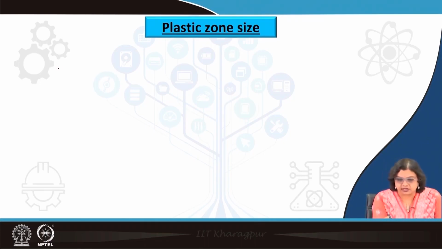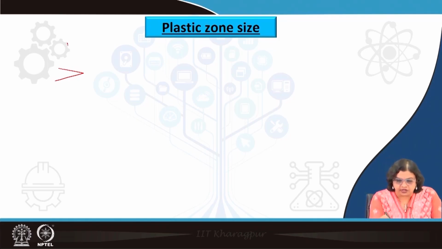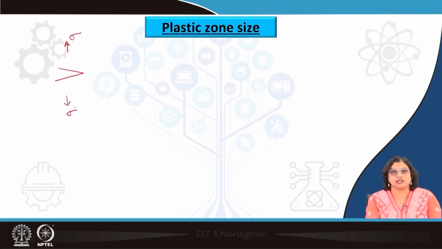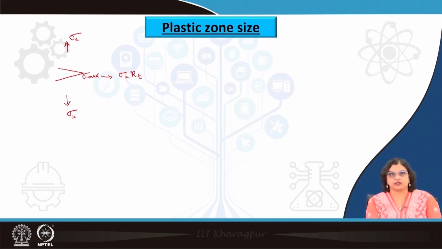So, in case there is a component with a crack in it and we are applying tensile stress in the mode 1 condition, which is perpendicular to the growth of the crack, then we have also seen that at the tip of the crack we get a maximized stress, and that is related to not only the applied stress, but the stress concentration factor.